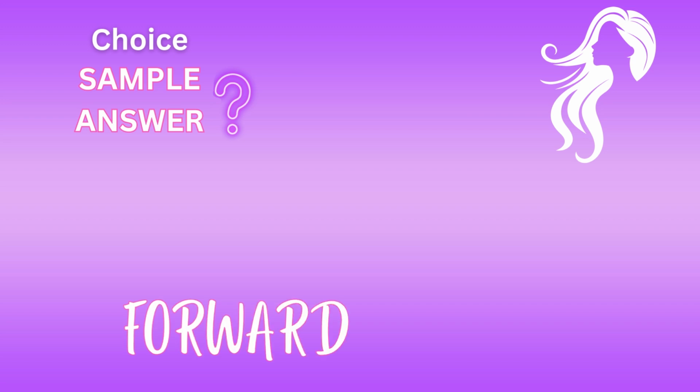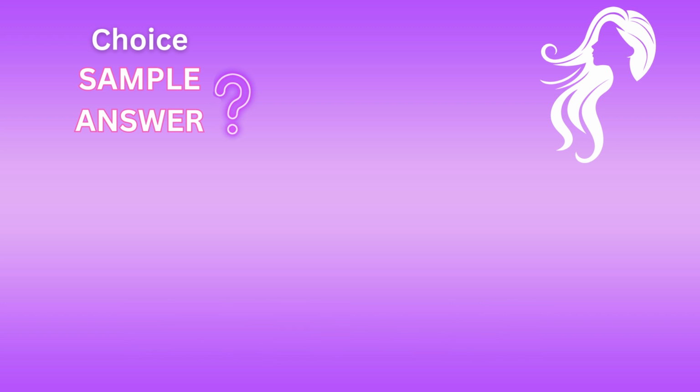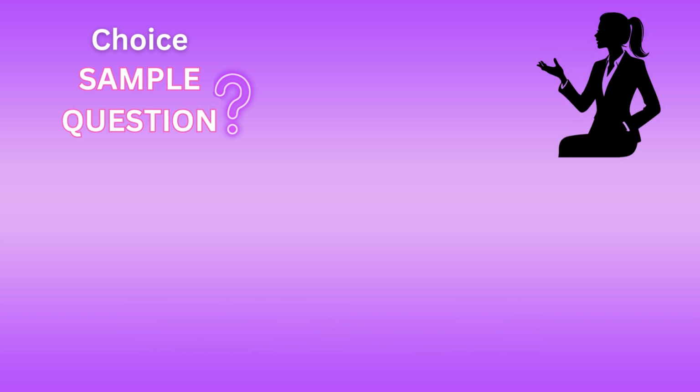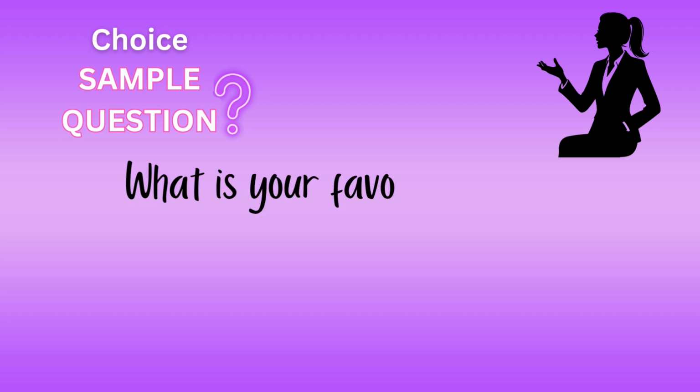You make your choice and then put forth your answer immediately. That's the forward part. The back part is to back up your choice. Give the reasons why it is your choice and provide evidence, examples, or a personal story to illustrate it to the judges.